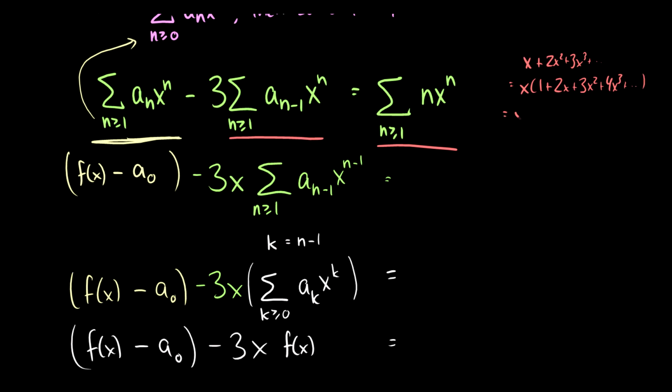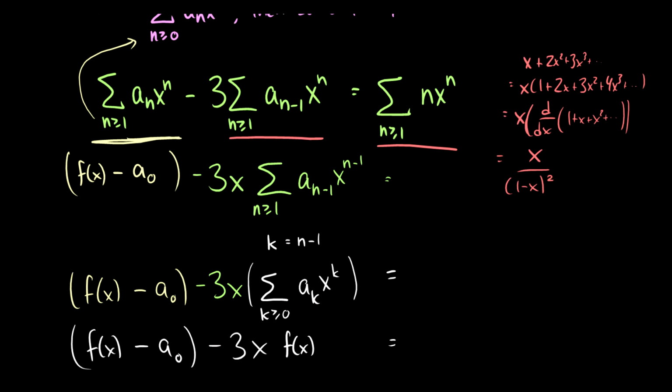And if you remember from the derivative section, this is just the derivative of 1 over 1 minus x, all the way to infinity. So this is just x over (1 minus x) squared.